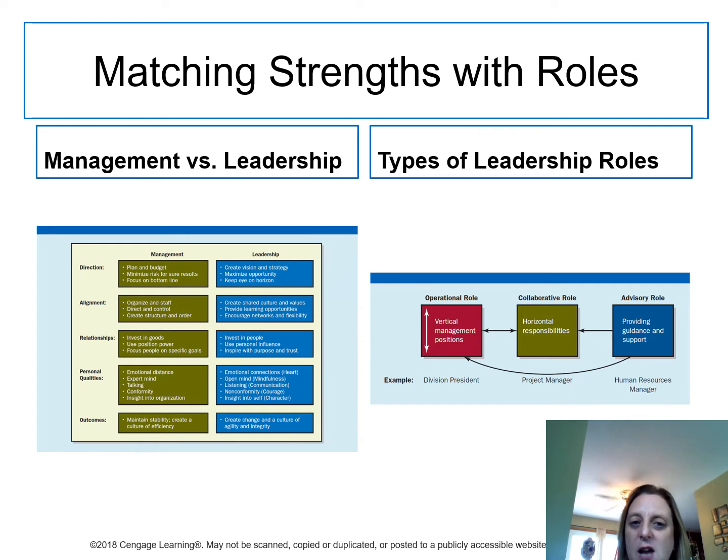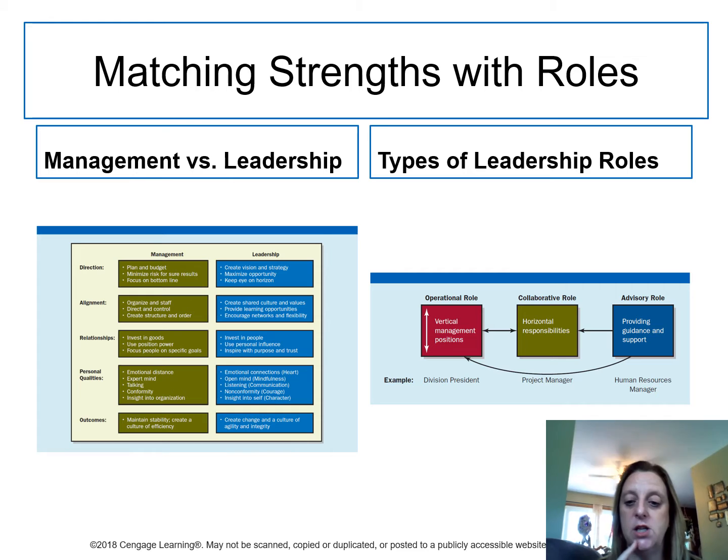So the focus is on results. The leader is typically self-confident and assertive. They tend to be more analytical and knowledgeable and translate knowledge into vision. So those are some of the things that make the operational role more managerial and tied to those areas of direction, alignment, relationships, and outcomes that we talked about last time.